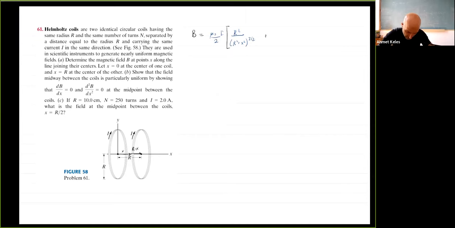So it's r squared divided by r squared plus (r minus x) squared, to the 3/2. And that's B, and the direction is something like that.